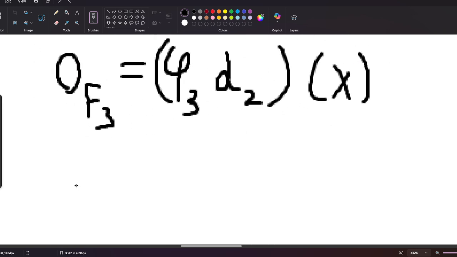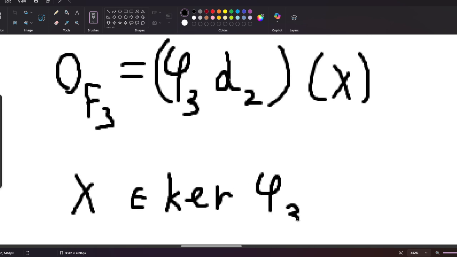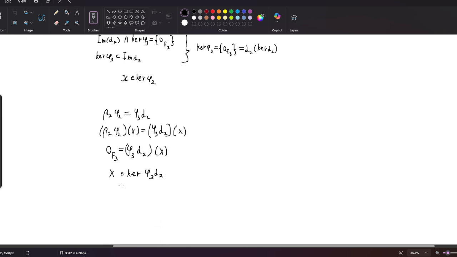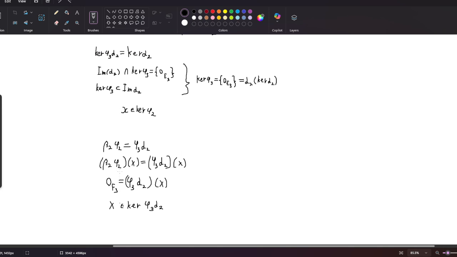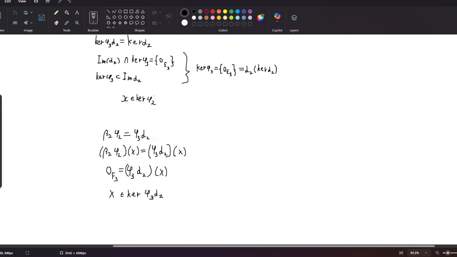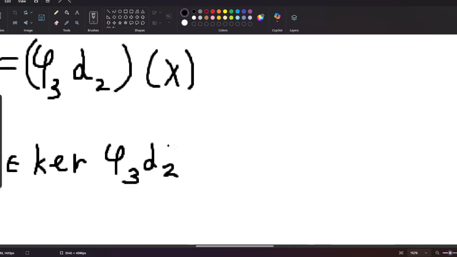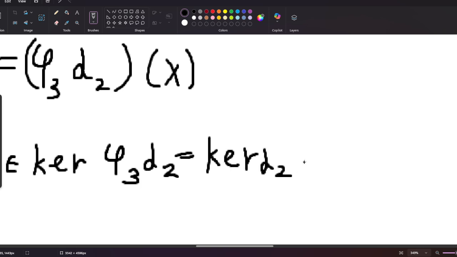Now, this implies that x belongs to the kernel of phi 3 alpha 2. What we have to do is show that actually we don't even have to show anything. From this, phi 3 is injective, so this is just going to be equal to the kernel of alpha 2.